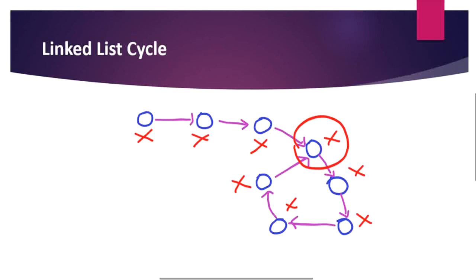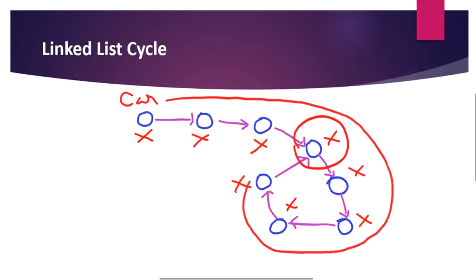This is like a car going around a track. It travels all the way through the path, and if it loops back to the same path, then we can easily find there exists a cycle. This method is efficient only if we can modify the linked list. If we can't, then it cannot be applied to this problem.